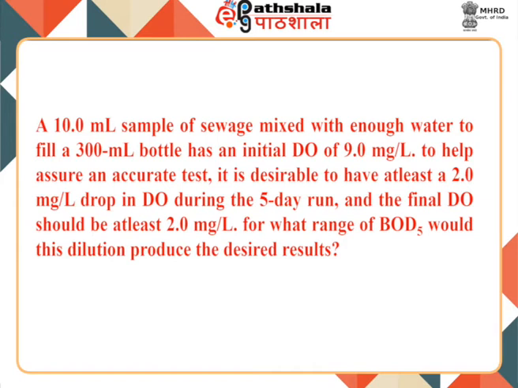To help assure an accurate test, it is desirable to have at least a 2 mg per liter drop in DO during a 5-day run, and the final DO should be at least 2 mg per liter. For what range of BOD5 would this dilution produce the desired result?